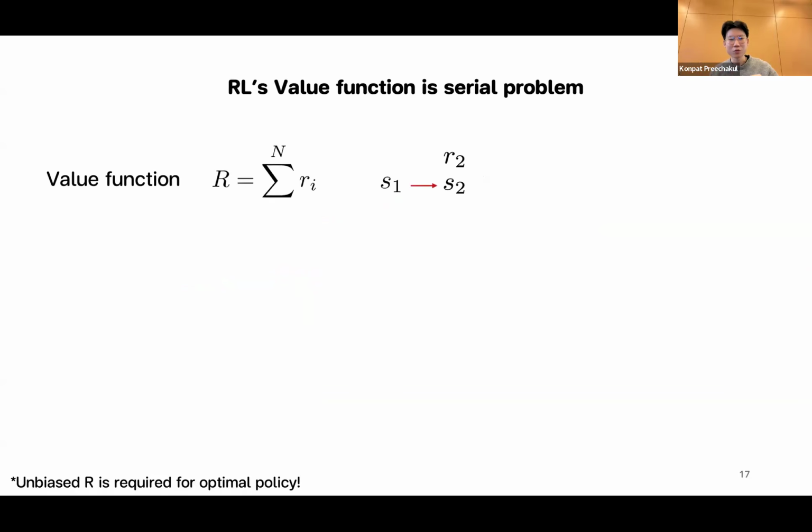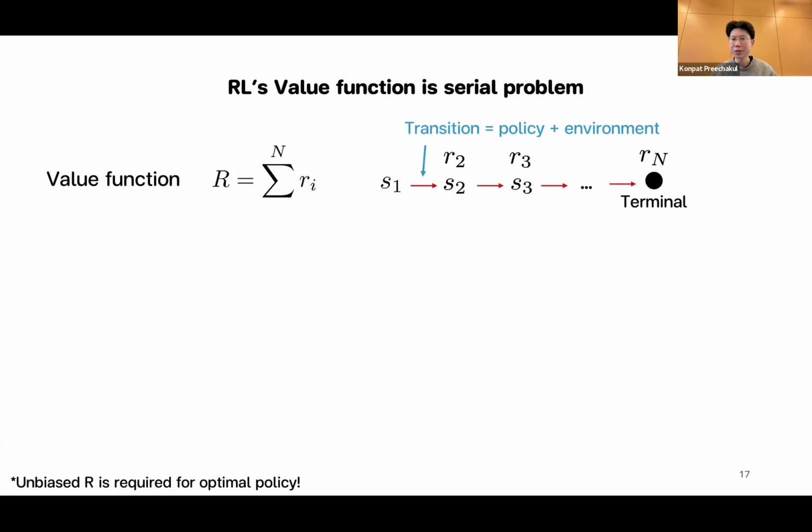So naturally, if you start from some state and follow the trajectory, each step will give you one reward and one next step. And you need to go through this multiple times, but each time you need to ask, what is the action? So you need to go to the policy. And what is the environment? So you do this for multiple steps until you reach your terminal state.